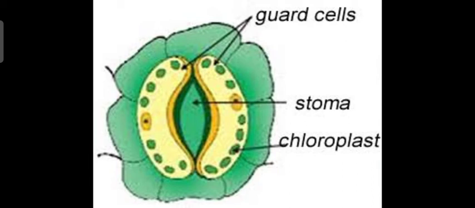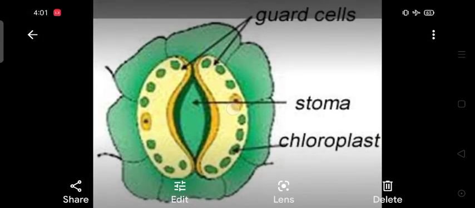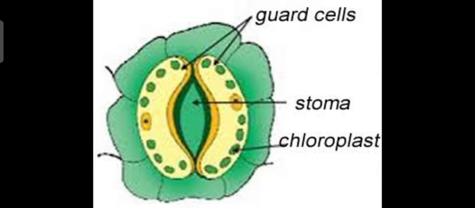It helps the plant to breathe, and two bean shaped structures called guard cells. You can see here, this is a guard cell, these are two guard cells. They surround the stomata, and their work is to control the opening and closing of the stomata.